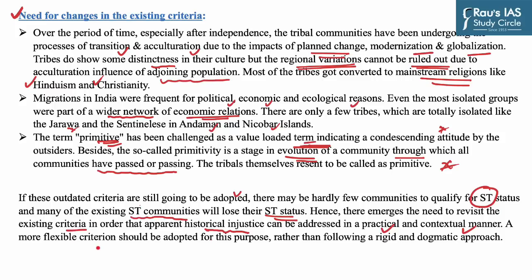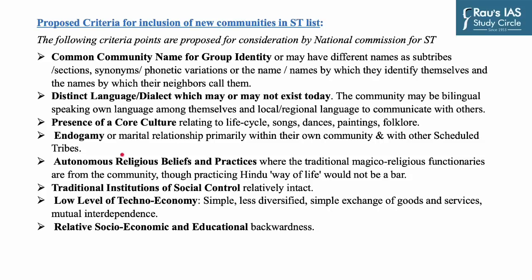A more flexible criteria should be adopted for this purpose, rather than following a rigid and dogmatic approach, as pointed out by the task force also. Now, based on the recommendations of the task force headed by Rishikesh Panda, the following criteria points are proposed for consideration by the National Commission for ST. First is a common community name for group identity.